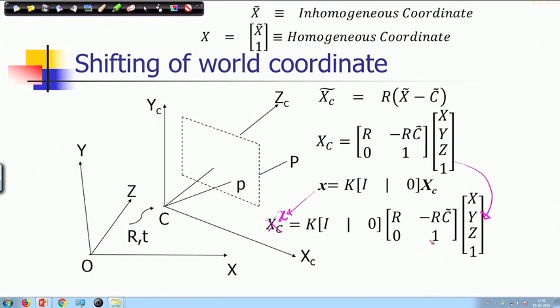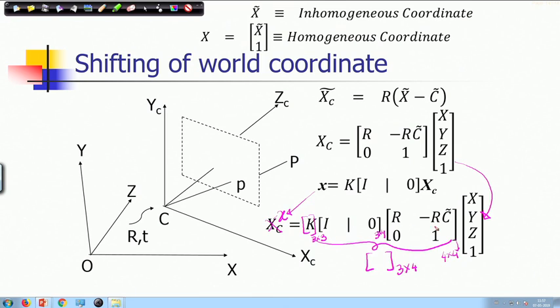So, finally, you see that the whole expression provides you a cascade of matrices, and if I multiply all these matrices, this is a matrix which will be of dimension 3 cross 4, because K is of dimension 3 cross 3, this is of dimension 3 cross 4, and this is of dimension 4 cross 4.